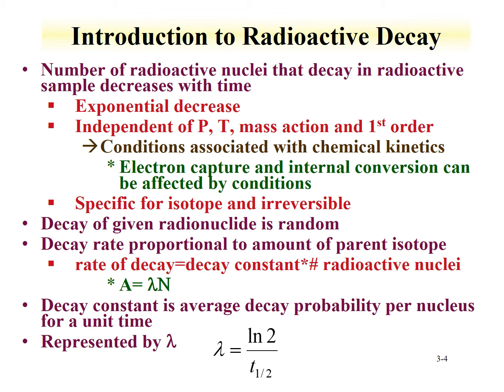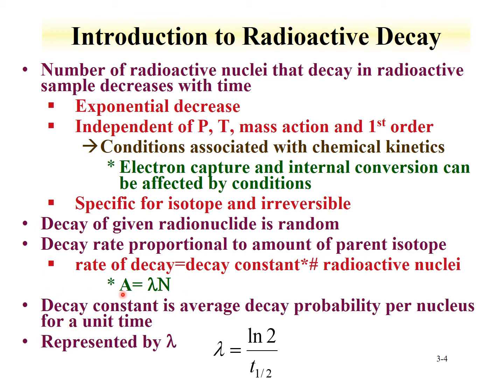Now I could talk about the lifetime of each given atom, but I can't specifically state which radioactive isotope would decay at a given time. The decay rate is proportional to the amount of the parent isotope, so the decay rate is equal to the decay constant times the radioactive nuclei.